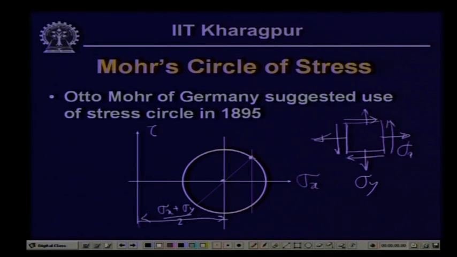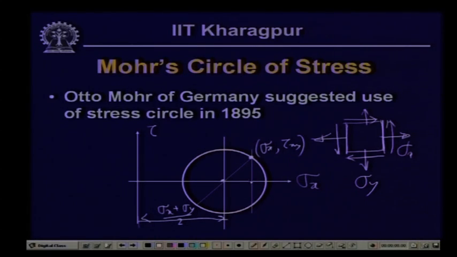This particular point on this circle represents the values of sigma and tau at a particular orientation, which is representing a plane. Here, this particular point represents sigma x and tau xy on this circle, which is representing this particular plane.